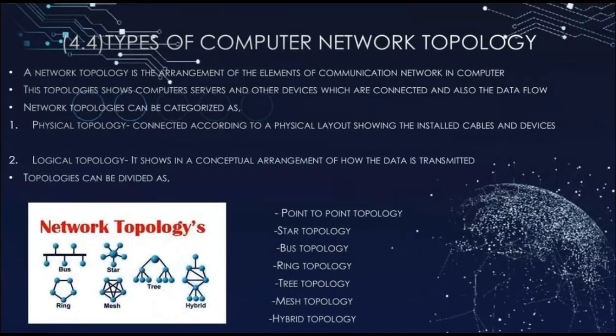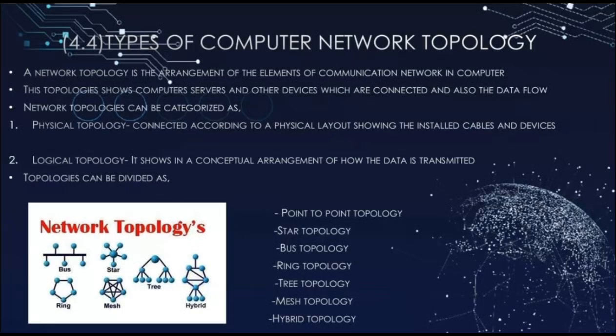Types of computer network topologies. A network topology is the arrangement of the elements of a communication network in a computer. This topology shows the computers, servers and other devices which are connected and also the data flow. Network topologies can be categorized as physical topologies and logical topologies.